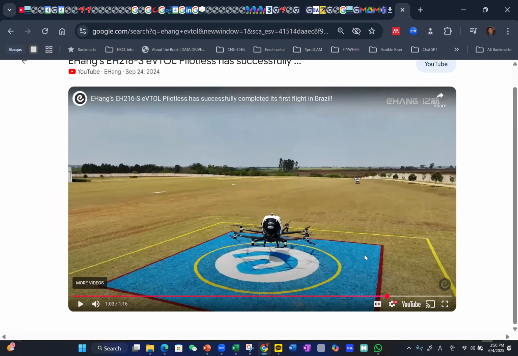As you can see, the major and big difference between this EHang and Joby is that the propeller, this one is fixed, compared to a movable propeller system in the Joby system. So there's a big difference.